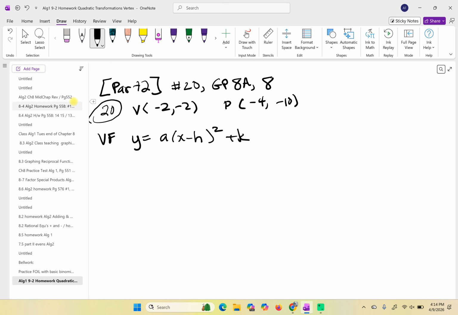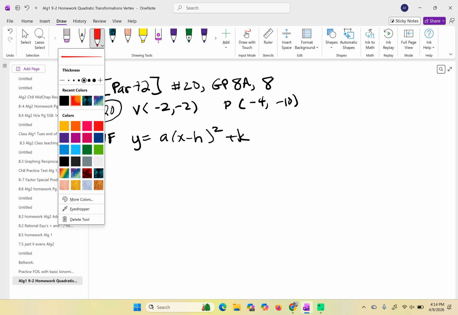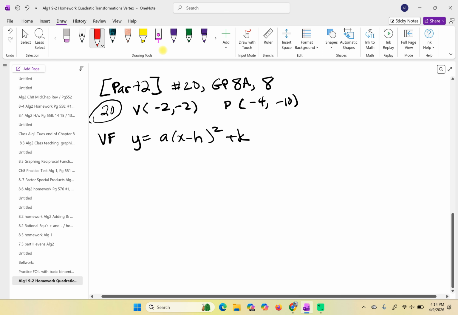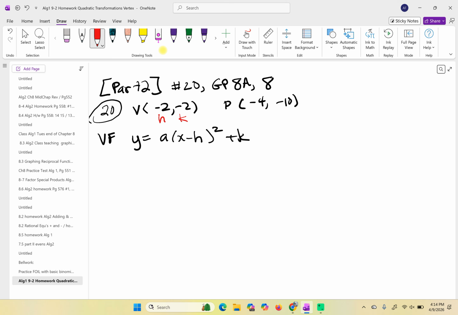All right, we're going to substitute values, so you should absolutely label this to help you. The vertex coordinates are h and k. A point on the graph is x and y. So we're going to substitute these 4 points into this equation and solve.